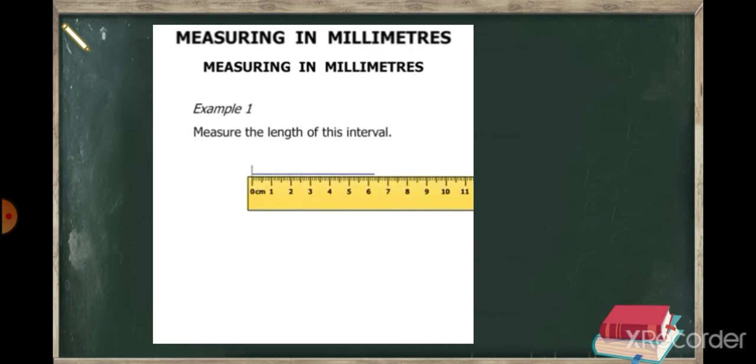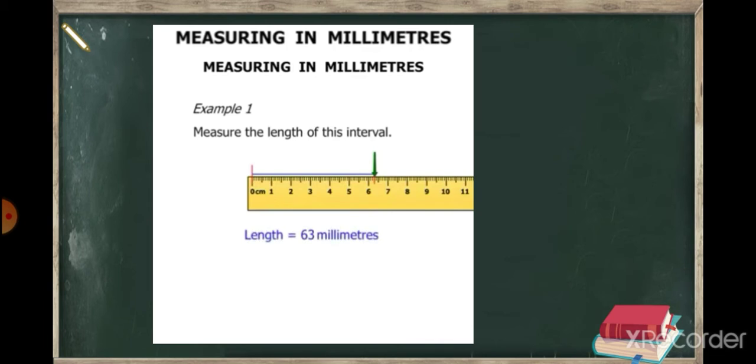Place 0 centimeter on the edge of the line, which ends on the number that is here. On every centimeter we go up by 10 millimeters. So here we can count 10, 20, 30, 40, 50, 60, 61, 62, 63.